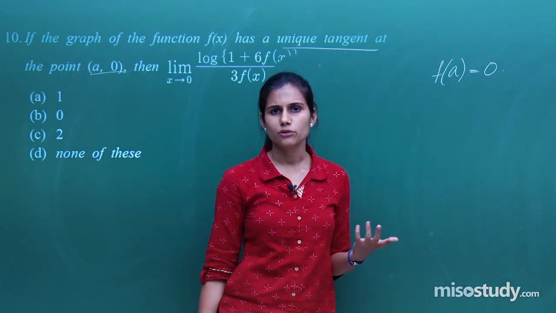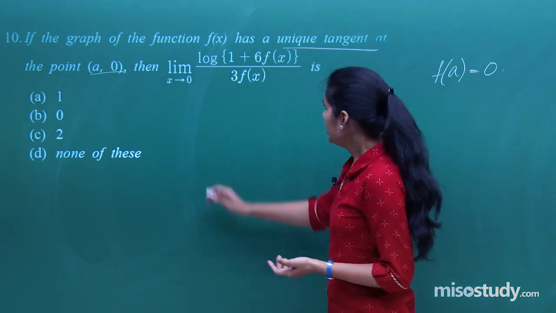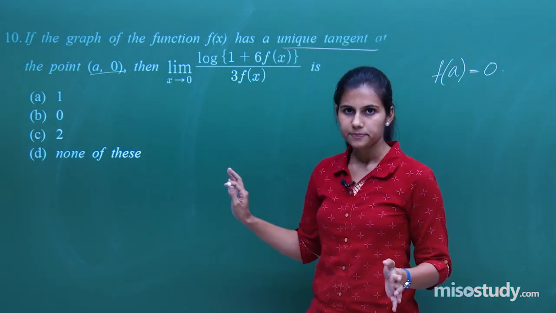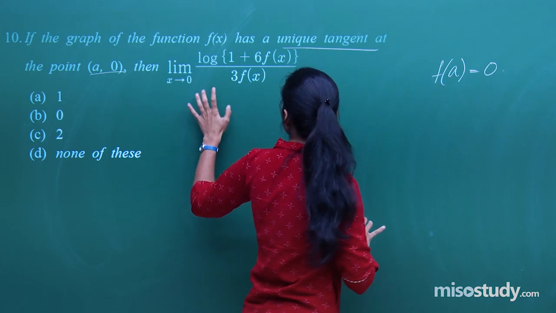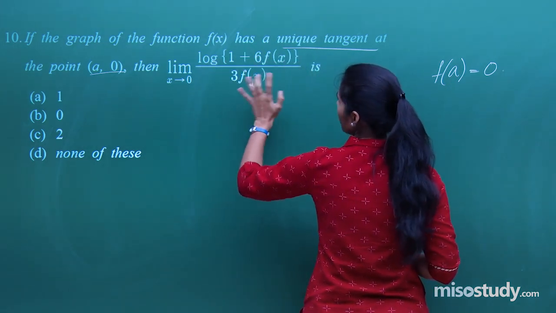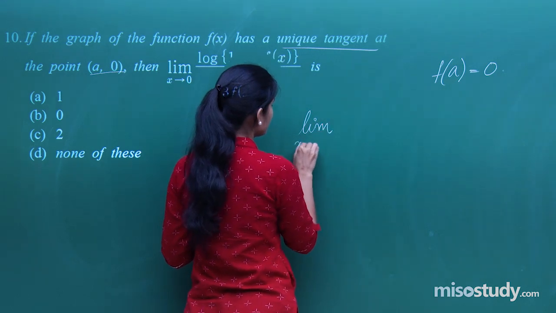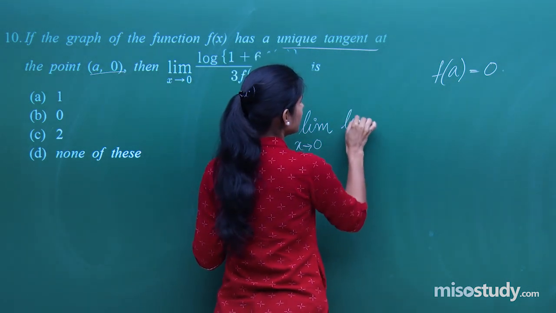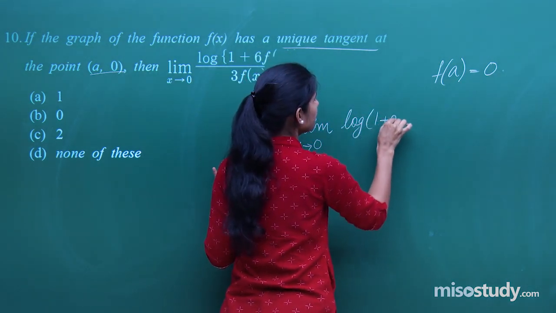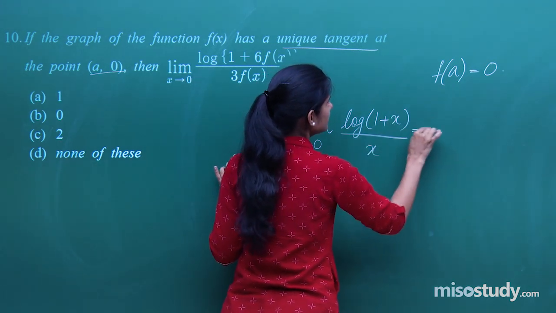Then evaluate this limit. Now understand, it is log of 1 plus something upon something. Very clearly I can remind myself of this particular result, that limit x tends to 0, log of (1 plus x) whole upon x is 1.